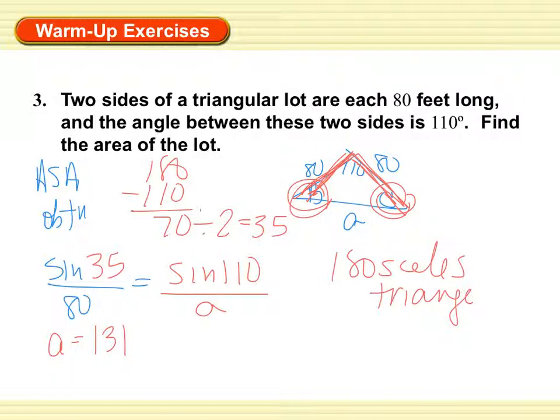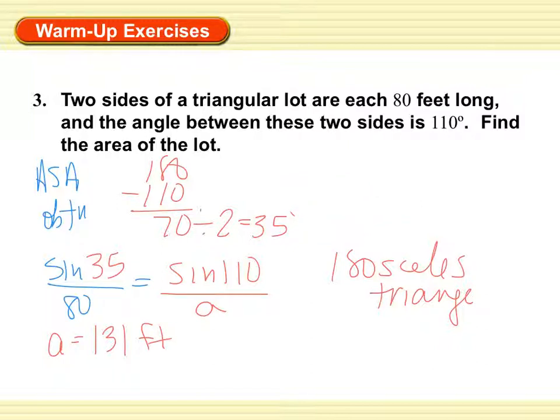Oh, measurement, not degrees. 131 feet. I'm going to redraw this. I didn't really think much about the problem when I started. I just started crunching numbers. So 110, 80, 80, and 131 feet.